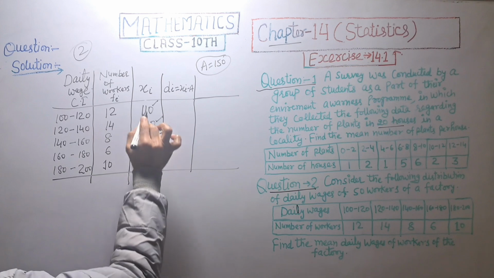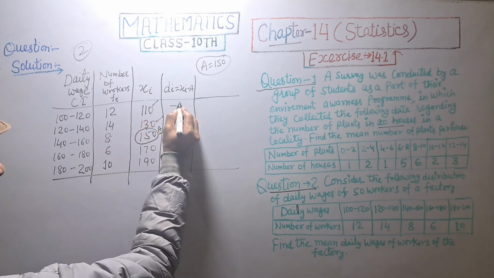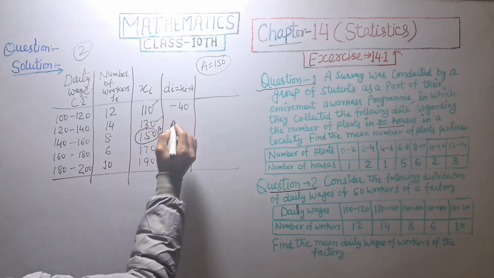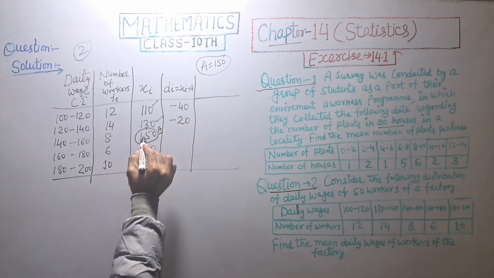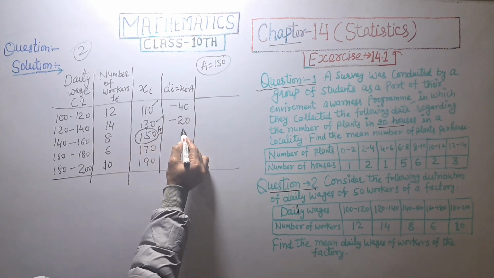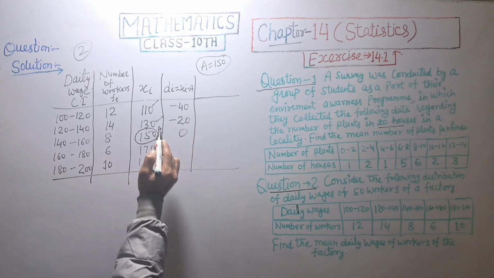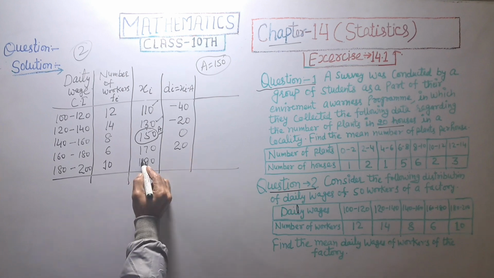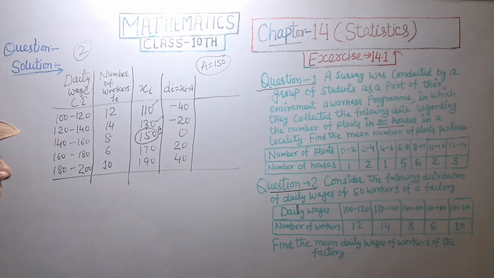Let A be 150. 110 minus 150 is equal to minus 40, and 130 minus 150 is equal to minus 20. 150 minus 150 will be 0. 170 minus 150 is equal to positive 20, and 190 minus 150 is positive 40.